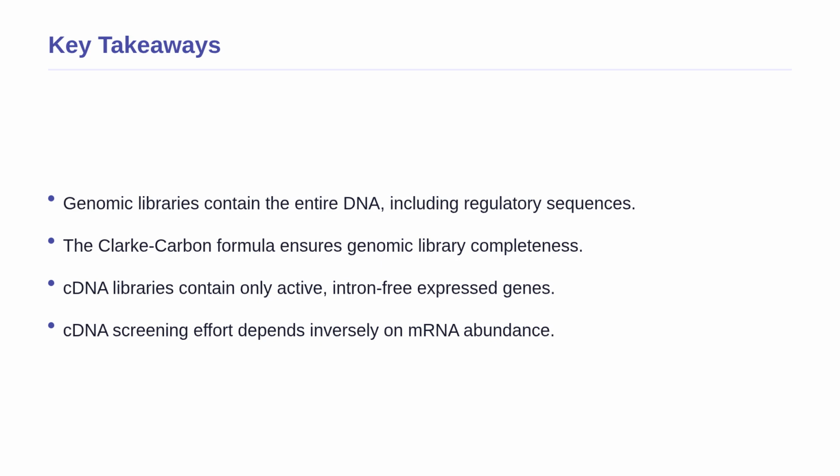Third, cDNA libraries provide a highly focused, edited snapshot of active genes, completely lacking introns, making them perfect for expressing human proteins in bacteria. Finally, the effort required to find a gene in a cDNA library depends entirely on the natural abundance of its messenger RNA. You now have a complete mastery of both genomic and cDNA libraries.